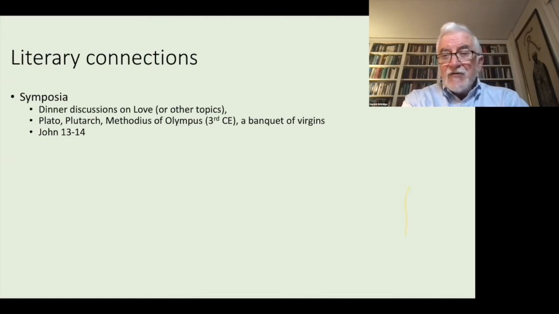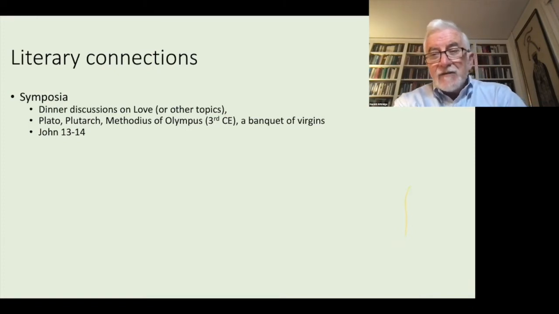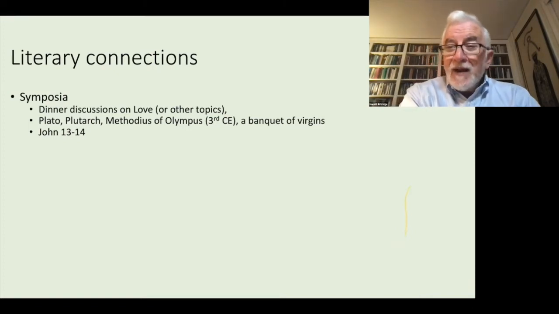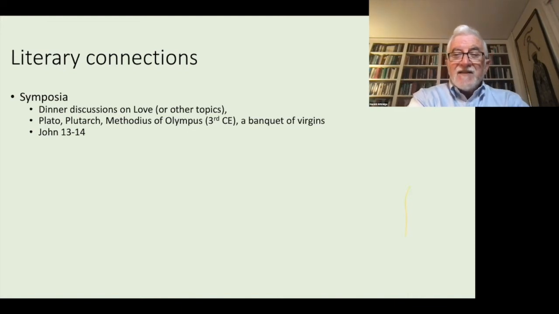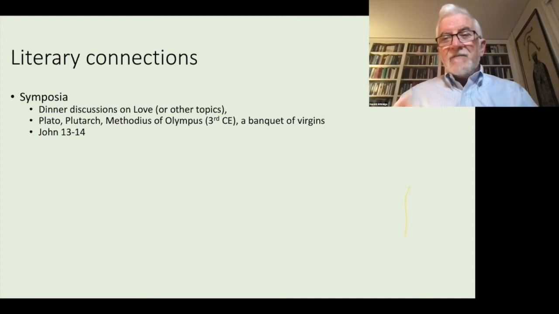And all of the people who are engaged in conversation there give a perspective on love from their own professional point of view, be it a philosopher, a dramatist, a doctor, who knows what, or a prophetess who gives the deciding voice to what true love is all about there, Diotima. In any case, there's a convention of having dinner parties where love is on the table and different points are made about what love is.